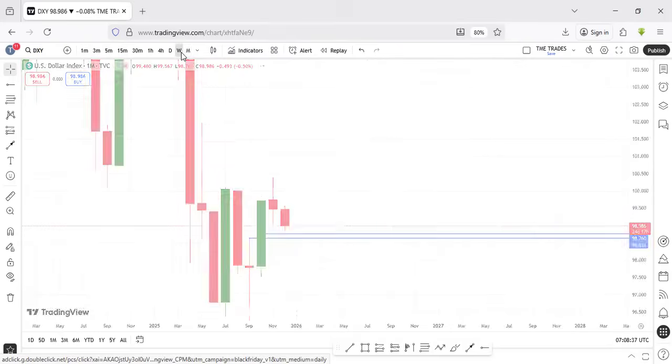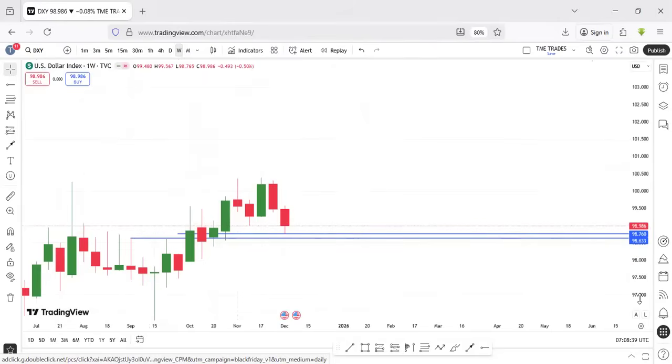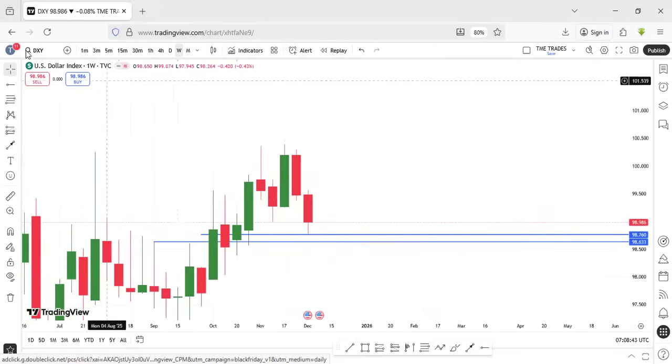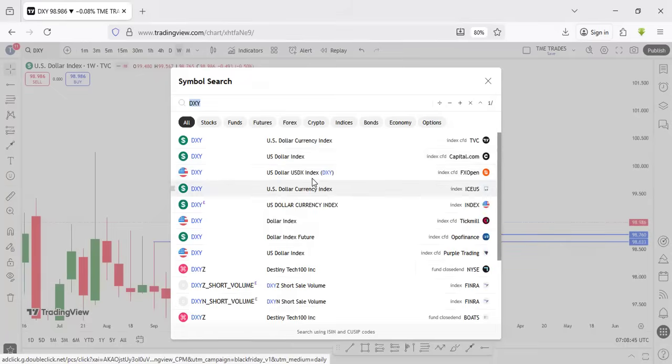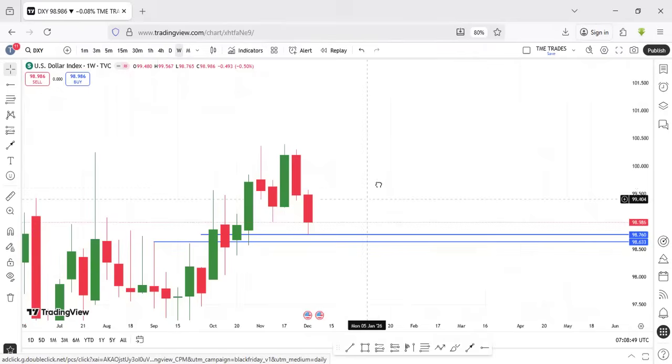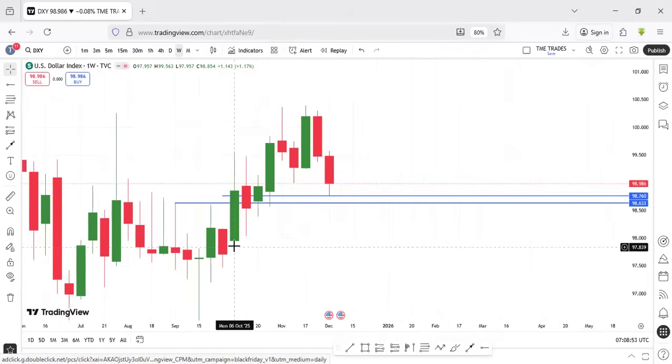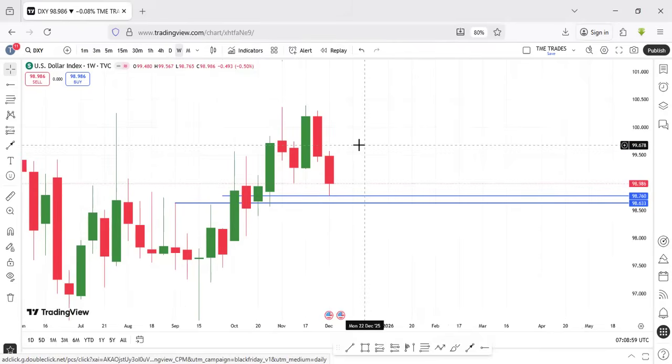But when we come to weekly, you can see that DXY, which is the dollar index, is trying to cover every gap left. As you can see on the screen, there is no gap left to be covered. It is stylishly covering them.